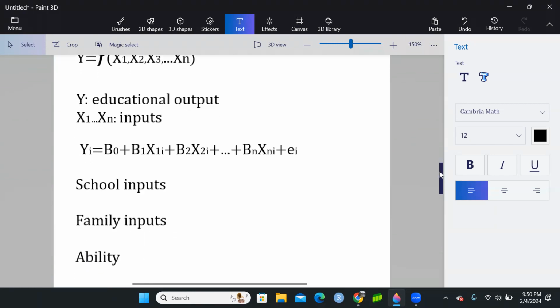And I'll point out where we get caught up in debates, as I alluded to earlier. There's debate over whether school inputs matter at all. There's an argument that's frequently made, which is that family inputs are the only thing that matters.